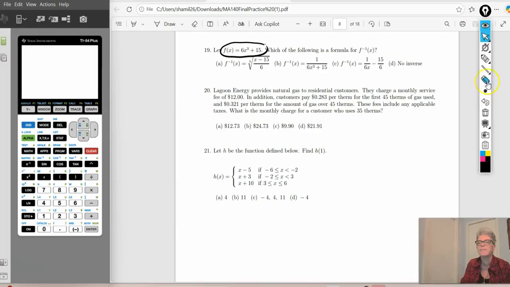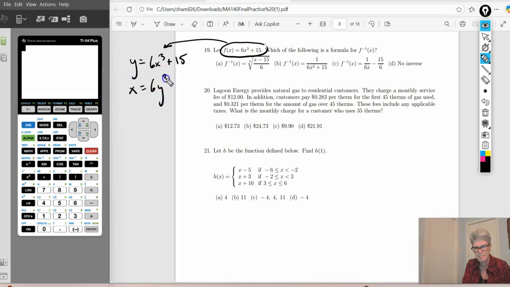So it's not going to be D. So we're going to start with, instead of F, we're going to have Y. Then you swap X and Y. Then you want to get Y by itself on the left-hand side. Okay, so let me subtract 15 from both sides.